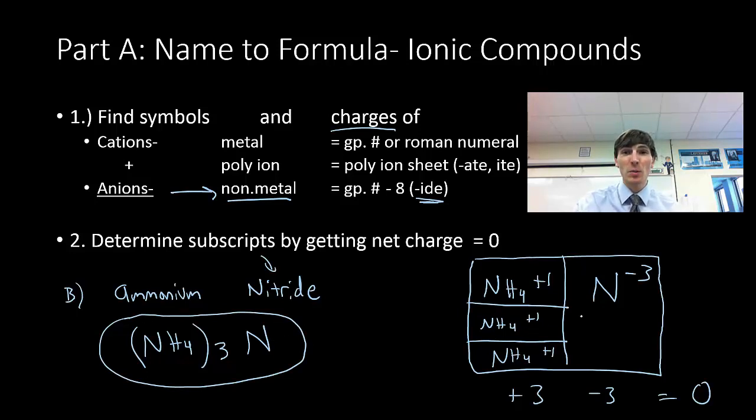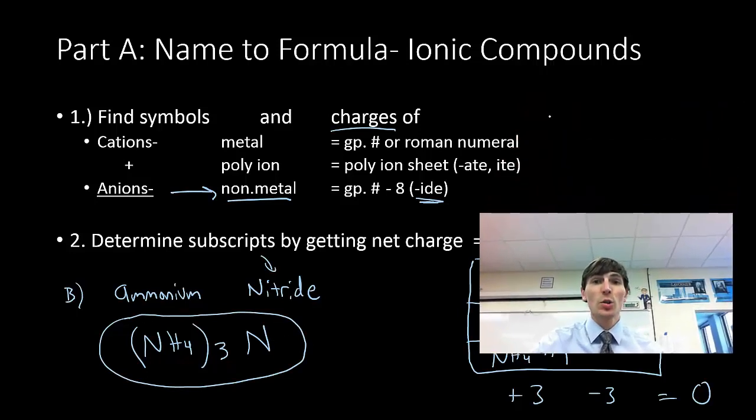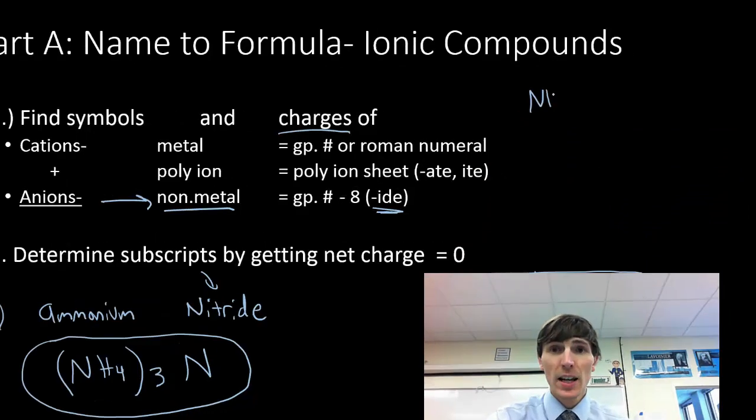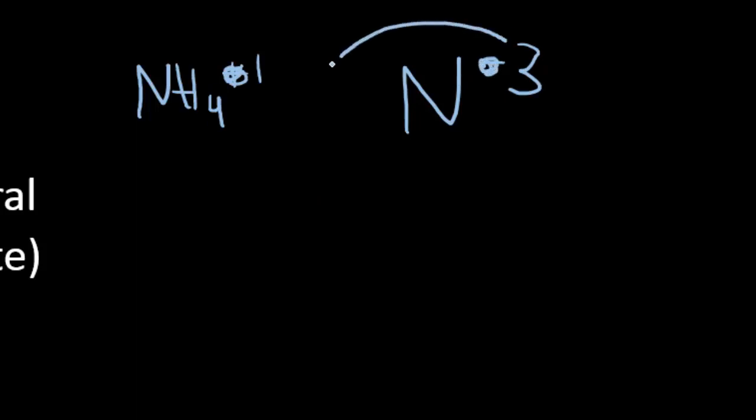If you want to save some time, you don't want to draw this big old box, the shortcut is this. Take the charges of the cation and the charge of the anion, and I want you to cross off the charge, get rid of it, take the number, and make it the subscript of the opposite ion. So the 3 is going to become the subscript of my ammonium.